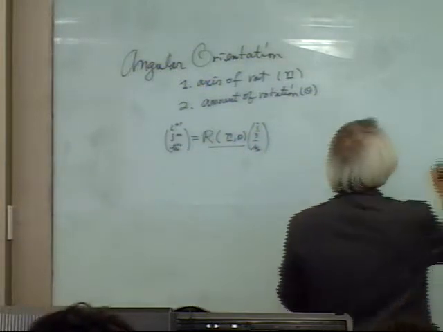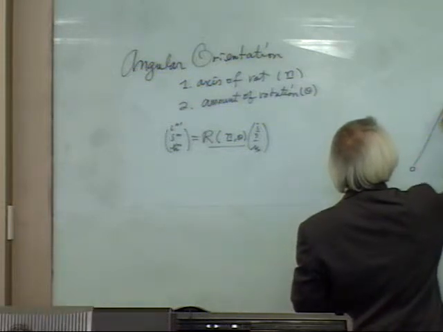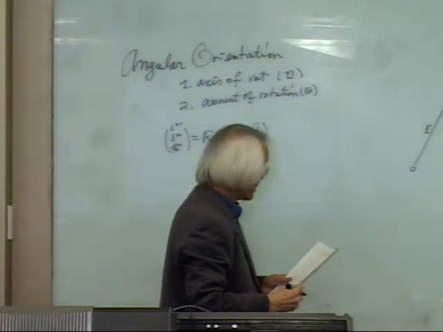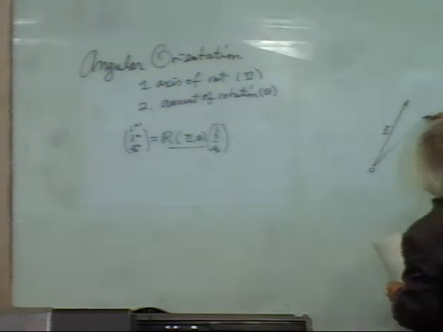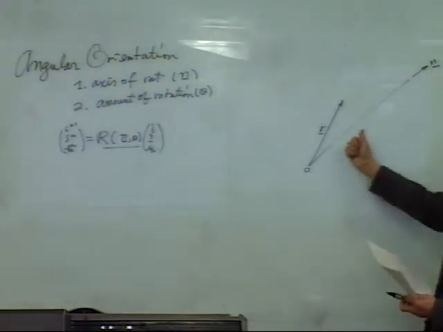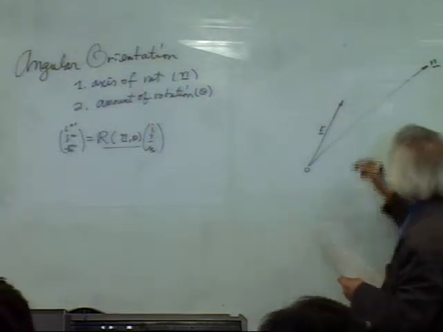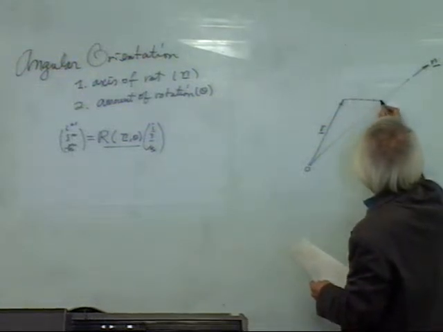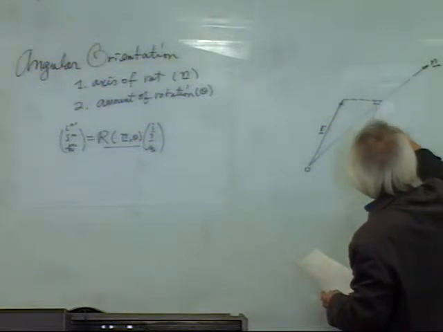So, what I'm going to do here is, I have a vector, small r, okay? And I'm going to rotate this guy along this unit vector over here. The unit vector is heading this way. I'm going to rotate this guy some amount, maybe this amount.